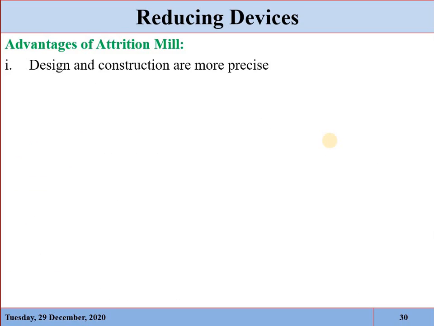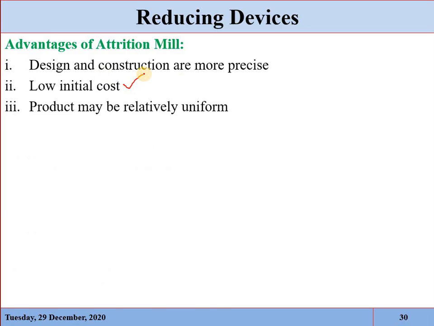Advantages of the attrition mill: the design and construction are more precise. Okay, design and construction of the attrition mill are precise, accurate, or we can say more attractive. Sometimes they are constructed from steel, okay, for better efficiency. Again, as compared to the hammer mill, it has low initial cost.